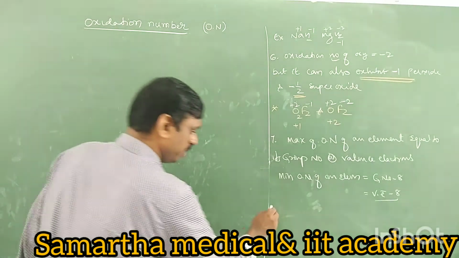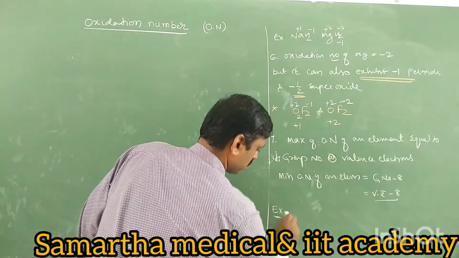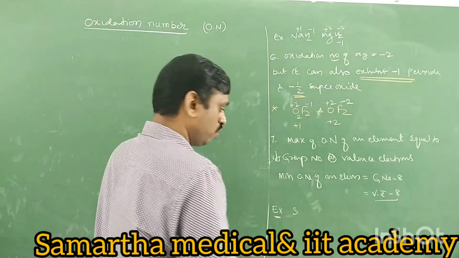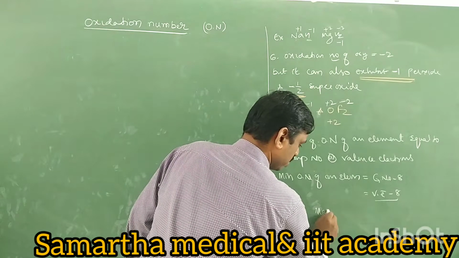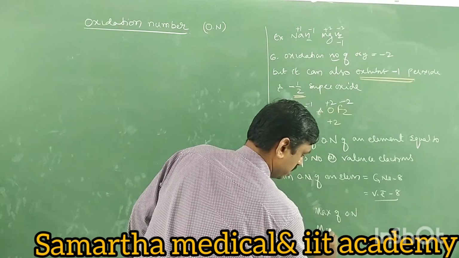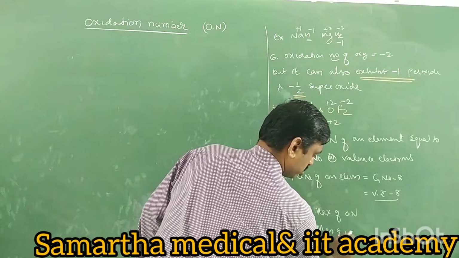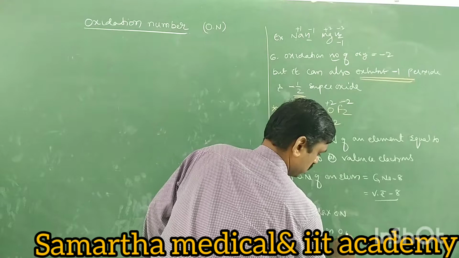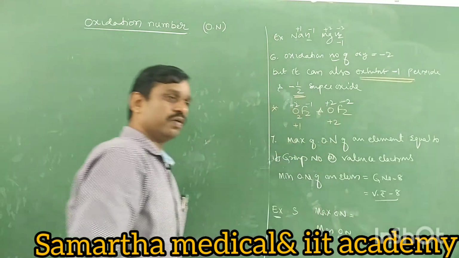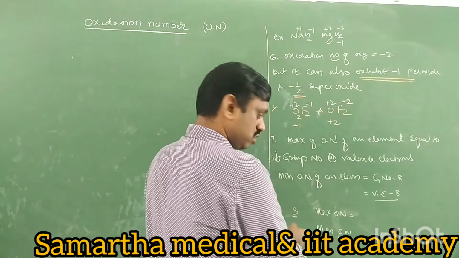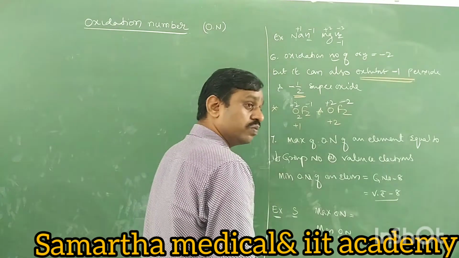Okay, for example, tell me sulfur. What is the maximum oxidation number of sulfur and minimum oxidation number of sulfur? Maximum equals its group number. What is the 16th group?